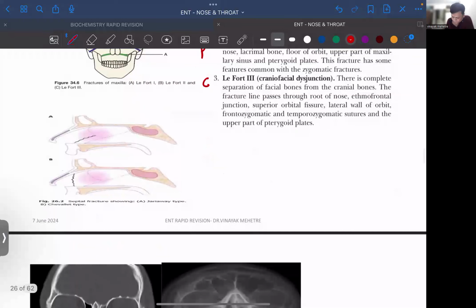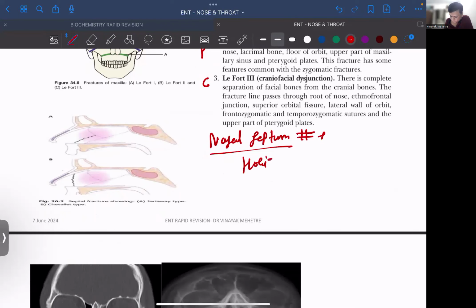Then comes nasal septum fracture. One is horizontal, and second one is vertical. Horizontal fracture of nasal septum is called as what? Name is Jarjavay fracture, right?